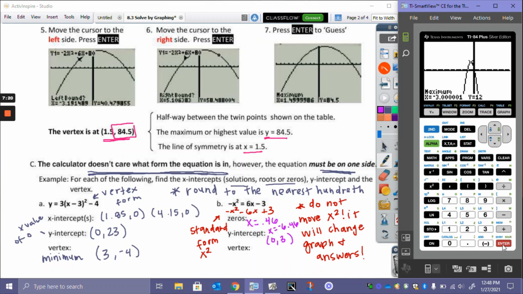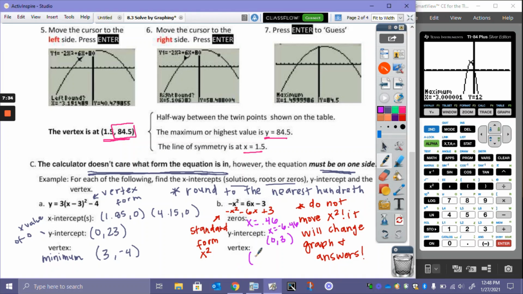So our maximum is -3.00000001, and then y equals 12. All of this is so minuscule, we don't care about this. We're going to round this up to -3. So our vertex, write it as an ordered pair, -3 and 12.